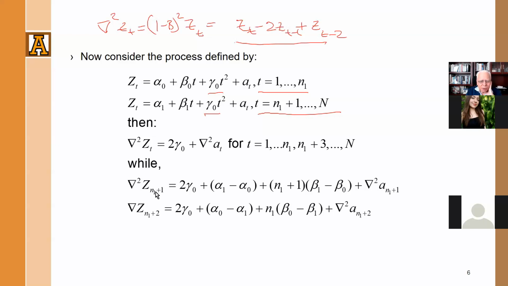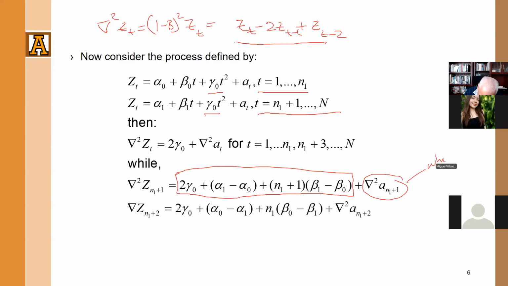And then for the pieces, for the second difference, when t is equal to n1 plus 1, you get this expression for the second difference, okay? Which again, this is a constant. The important thing here is that this doesn't depend on t, and this is white noise.